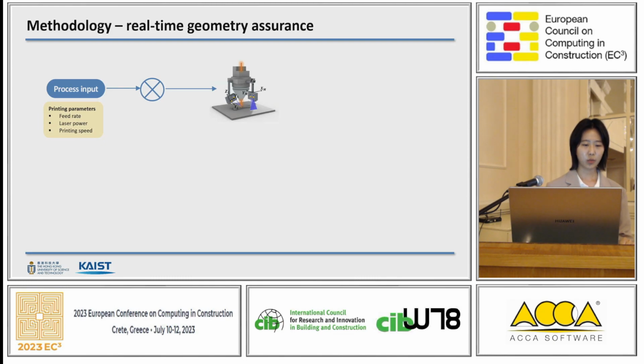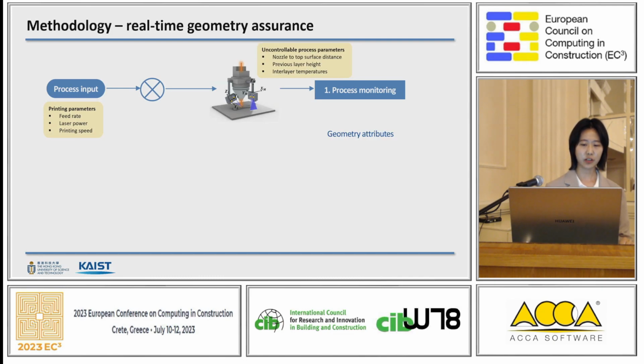And here is the framework. With process input, which is the printing parameters, the manufacturing process will begin, and we developed a process monitoring technique to both monitor the geometry attributes and measure some important uncontrollable process parameters.